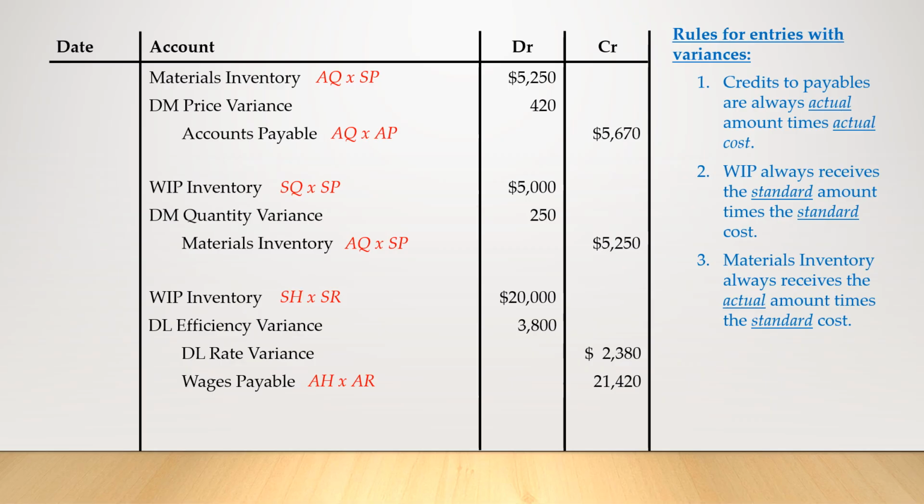You won't be able to plug the labor variances since both variances are contained in the same entry, but you can reverse engineer their formulas by looking at their counterparts in the materials entries. For instance, the direct labor efficiency variance is calculated in the same manner as the direct materials quantity variance, which multiplies the standard price by the difference in quantity.